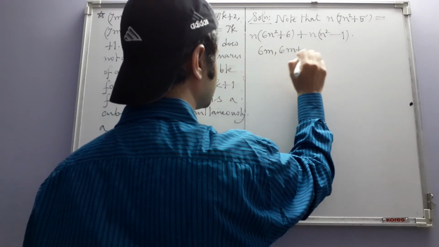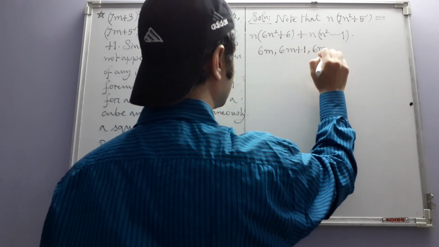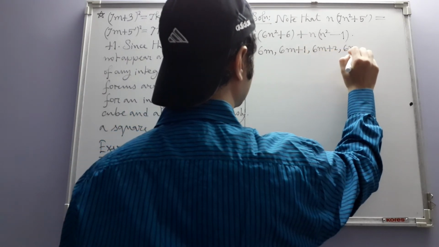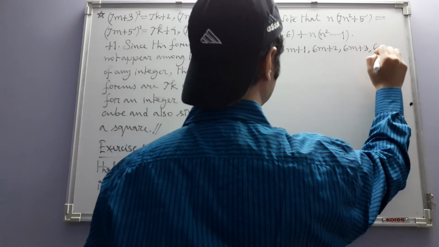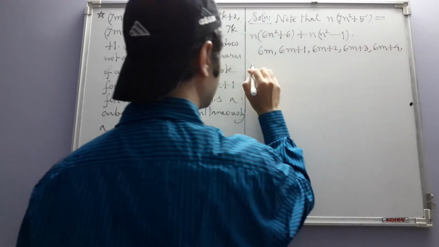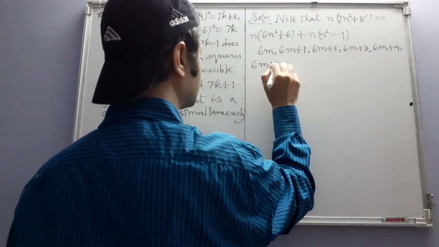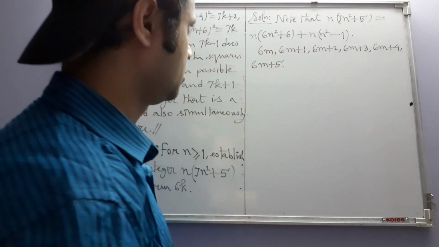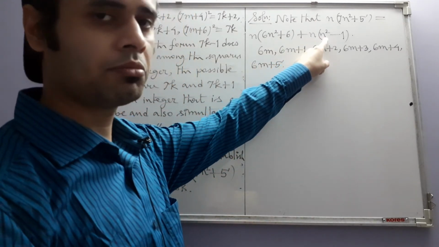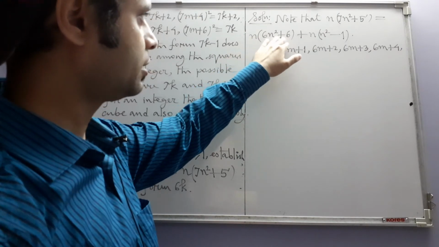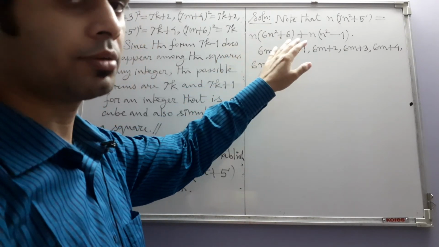Instead, you can just follow the usual boring route of considering all the possible forms. Put each one of them in place of n here, because here we can clearly see it's of the form 6k.